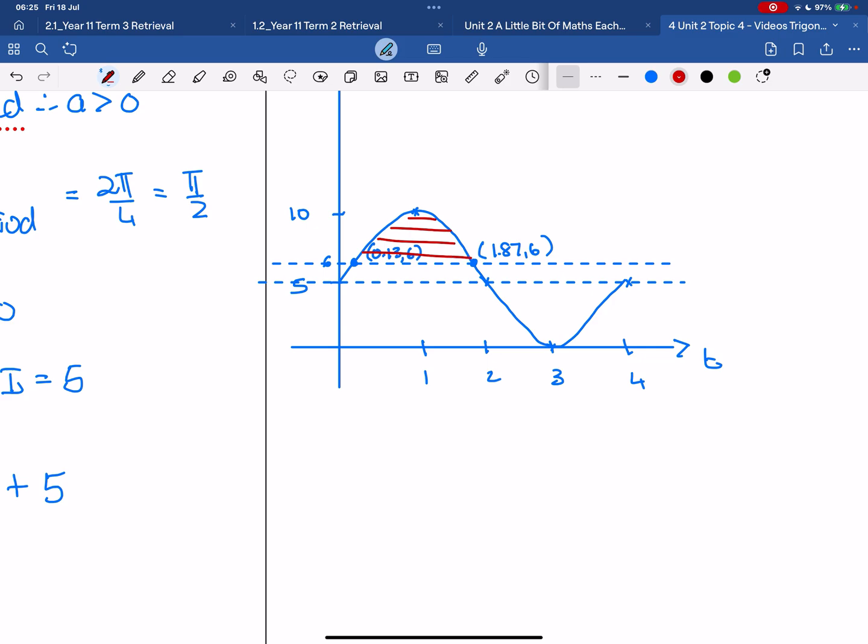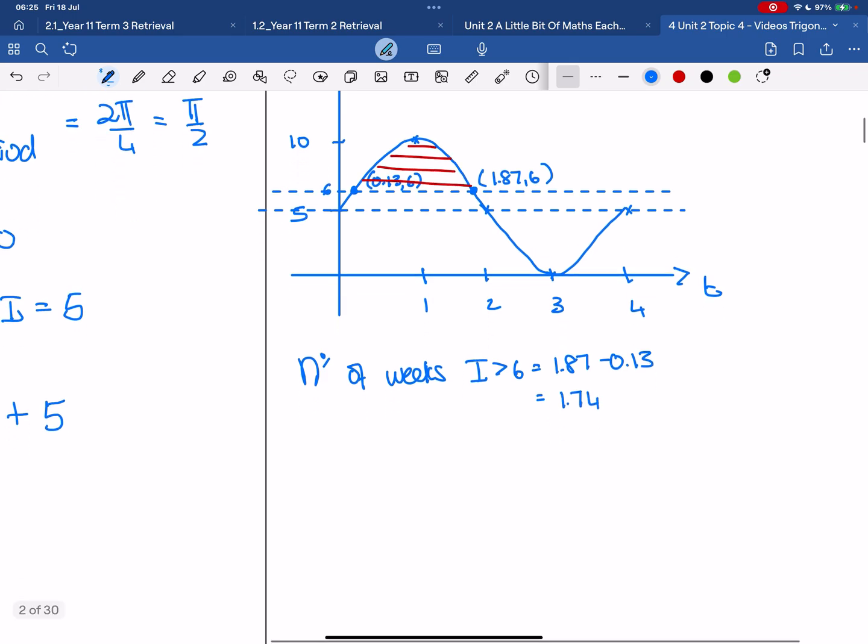above 6. Okay, so my number of weeks that I is greater than 6 will just be 1.87 minus 0.13, which is 1.74 weeks.